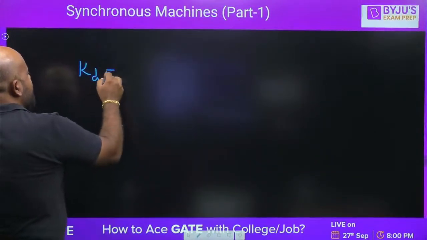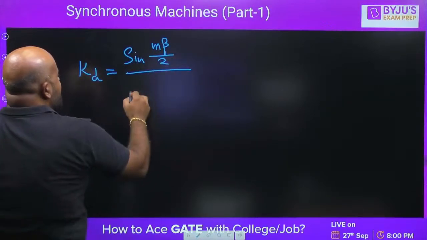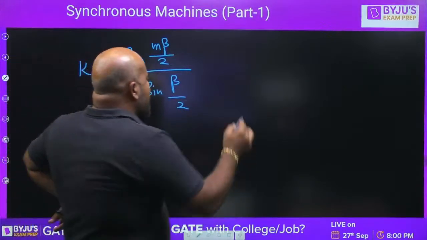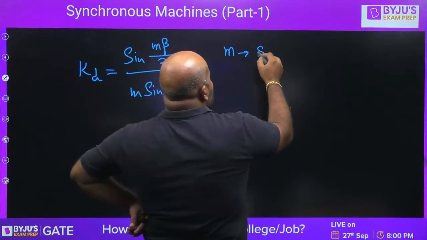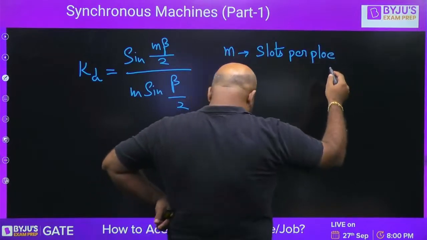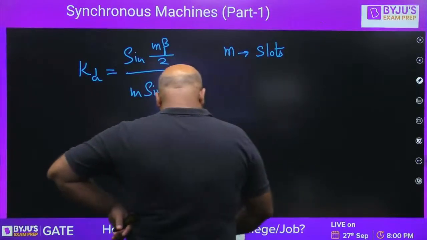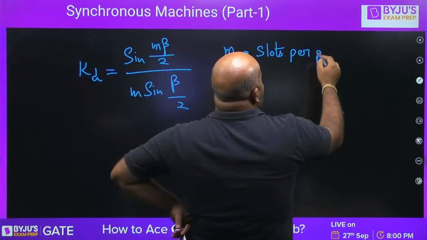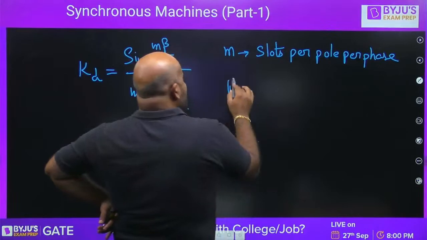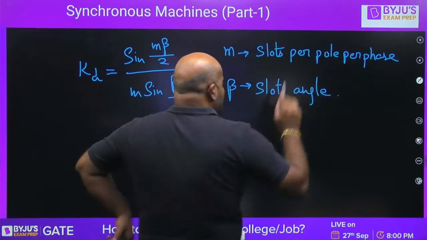The distribution factor we define as sine m beta by 2 upon m sine beta by 2, where m is defined as the number of slots per pole per phase. And beta is defined as the slot angle.